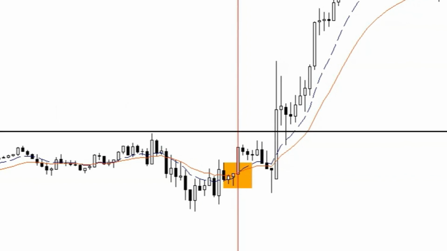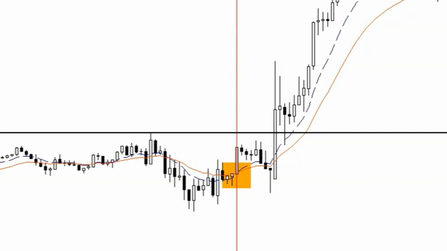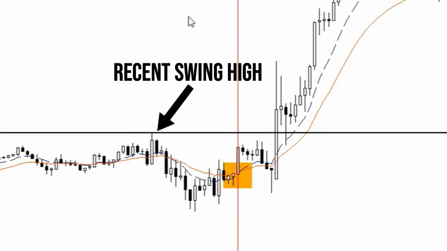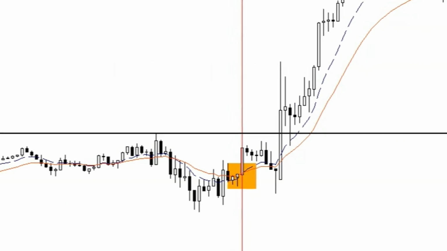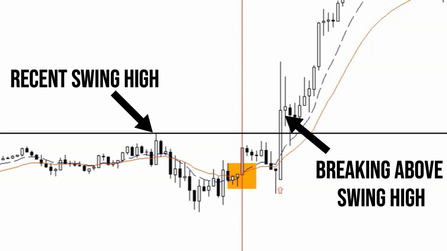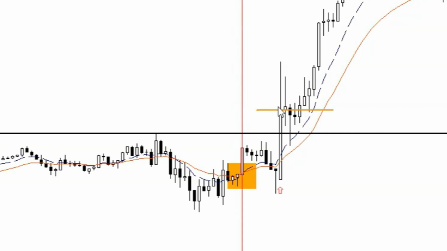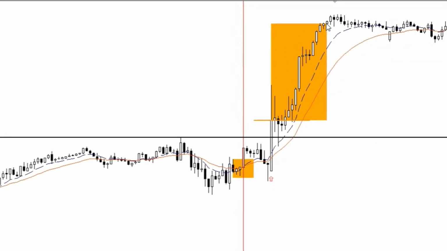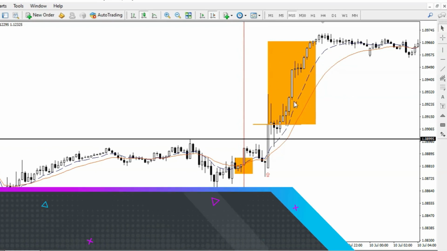For example, after this crossover upward, we find a recent swing high. Now we wait for the price to break above this swing high. Once it does and a candle closes above the swing high line, then we take a long position.